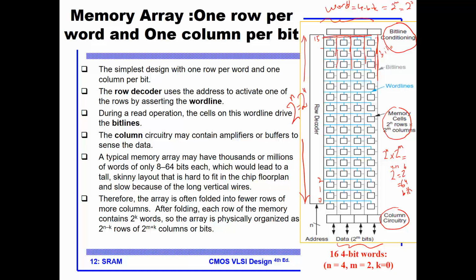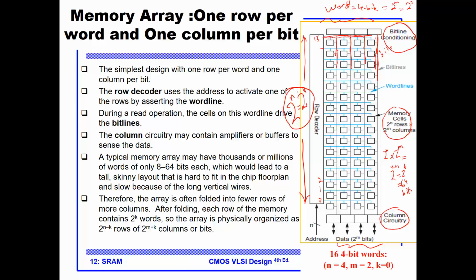Now, there is an interesting point here: this is a tall structure. In fact, we don't do memory arrays like so, because in this example the number of words of the memory is 16. In reality, that's not the case. Memories are much larger in terms of number of words.